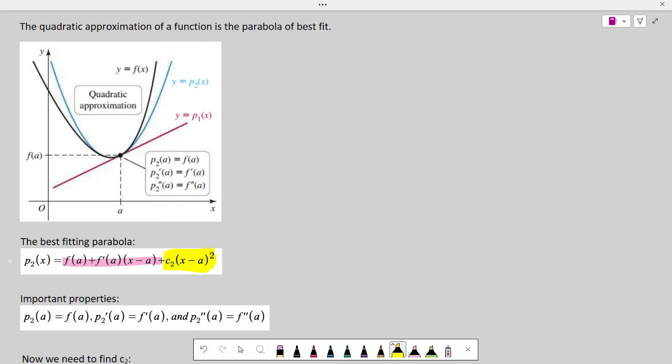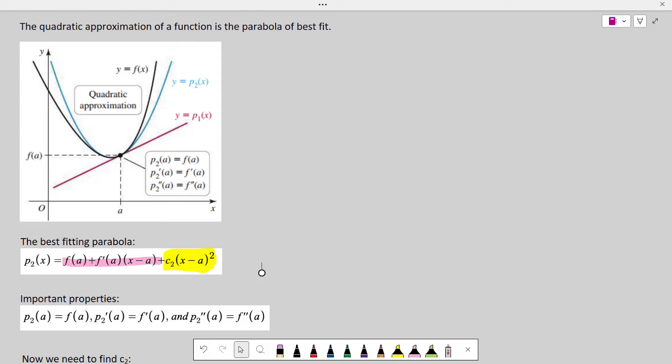So it has to have an x minus a, so that when you plug in a, you get 0 for that quadratic term. Because that's what we want when we plug in a. We want p sub 2 of a to be f of a. We want the value of the approximation to equal the value of the function. So it's got to have an x minus a squared if it's going to be a quadratic term. And we don't know what c sub 2 is. That's what we have to find.